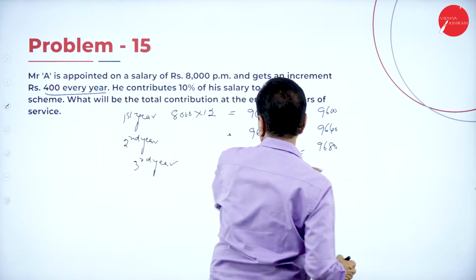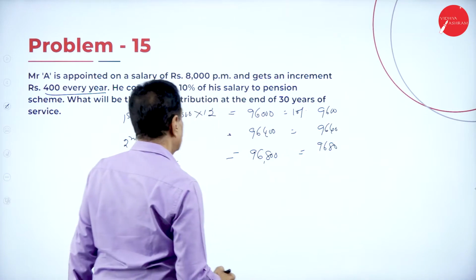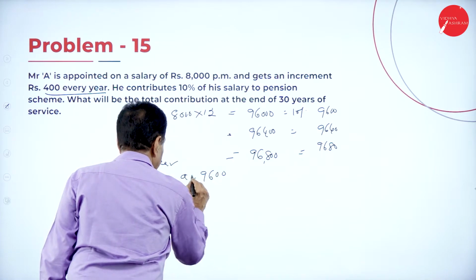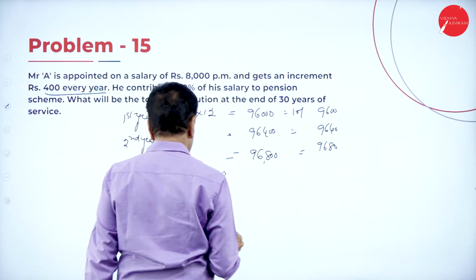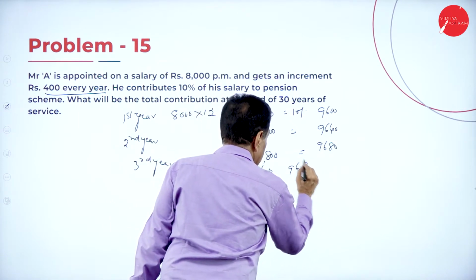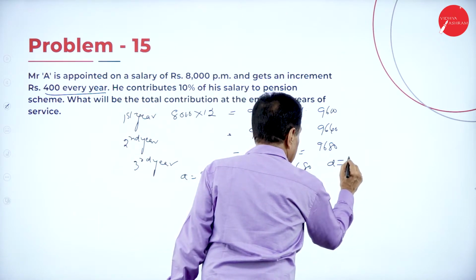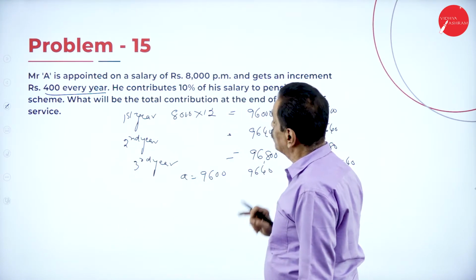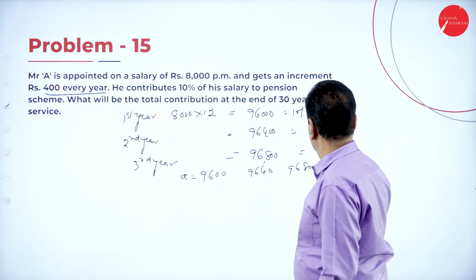The contributions are 9,600, 9,640, 9,680, so the difference d is 40. The first year contribution a is 9,600 rupees, which is 10% of salary.